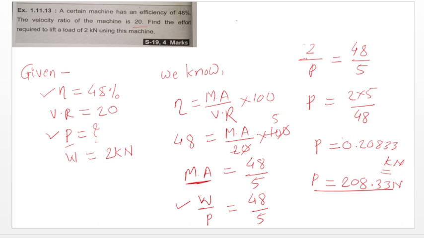Clear? If you don't want to multiply by 1000 again to convert into Newton, you can do it over here itself: W is equal to 2000 Newton, and you can use this value over here.